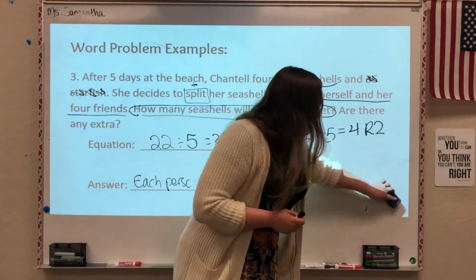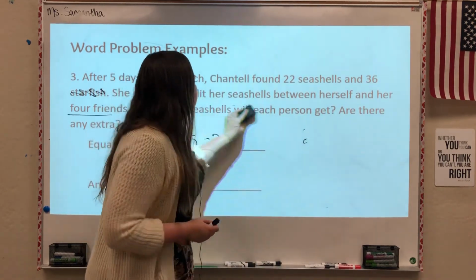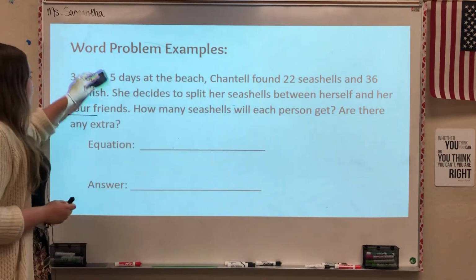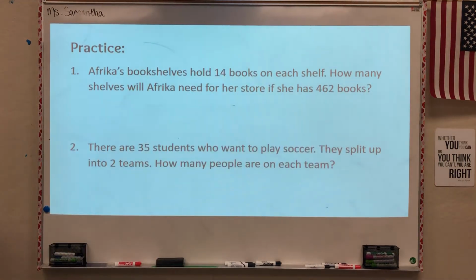I'm going to go ahead and give you guys some to try. The first one looks like this. We've got Africa's bookshelves hold 14 books on each shelf. How many shelves will Africa need for her store if she has 462 books?